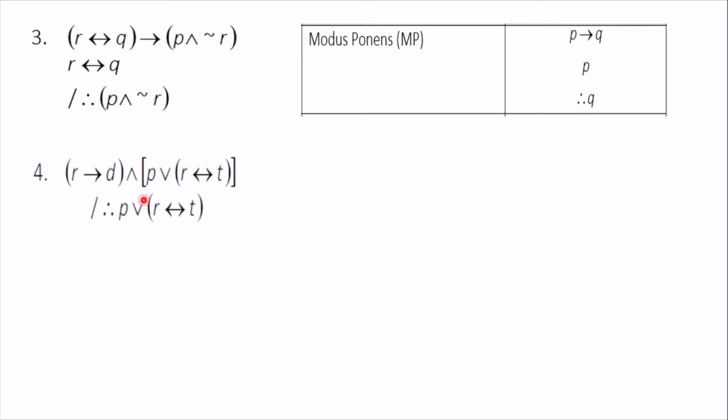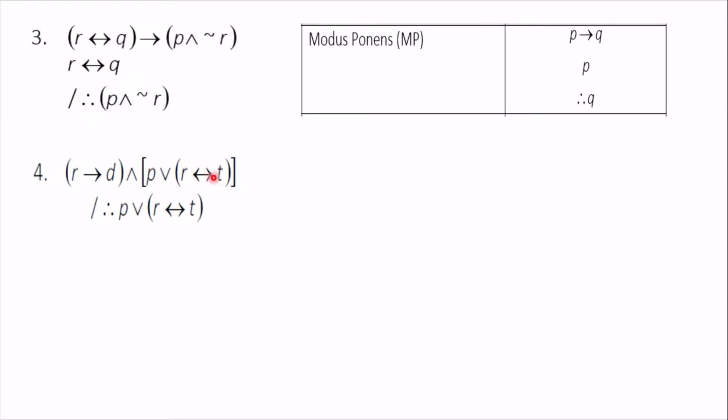Number 4. So, again, we have conjunction, conditional statement, combination of biconditional and disjunction. Take a look at our conclusion. Now, the conclusion is exactly the same with the second statement here.